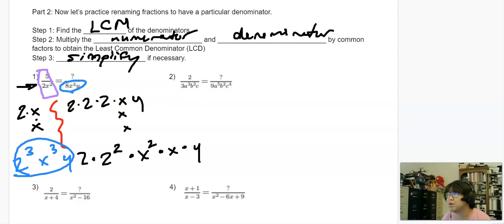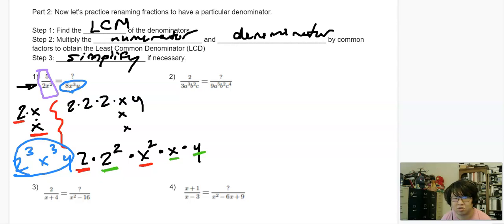So let me underline here, in case you got lost. The first 2 comes from our 2 on the left. Our x squared comes from our 2 x's on the left. Where this next one, I'll use green here, these are what we need in order to make up our least common multiple. These green ones are what we need to multiply the top, the numerator, by in order to get our final answer.